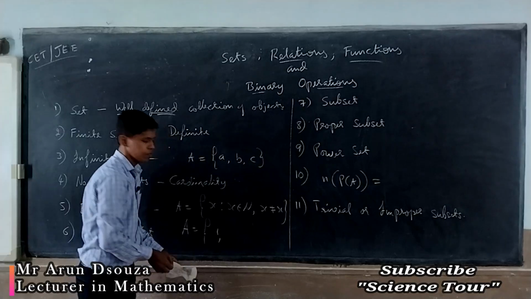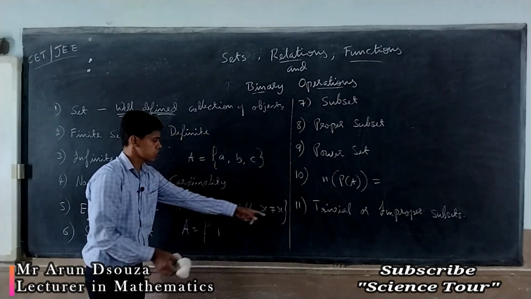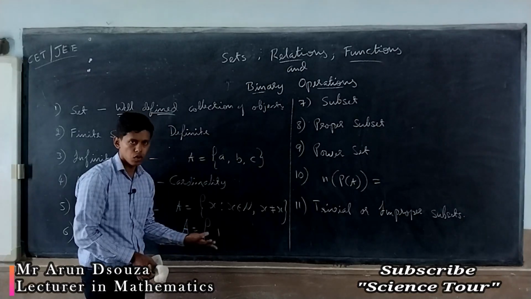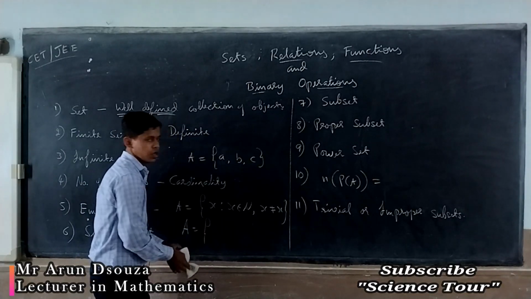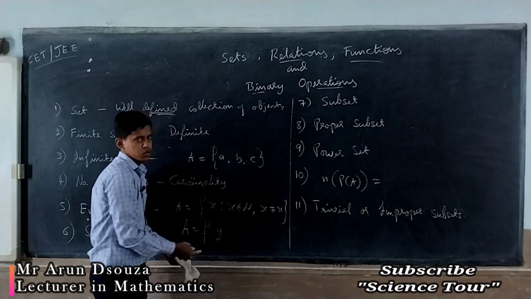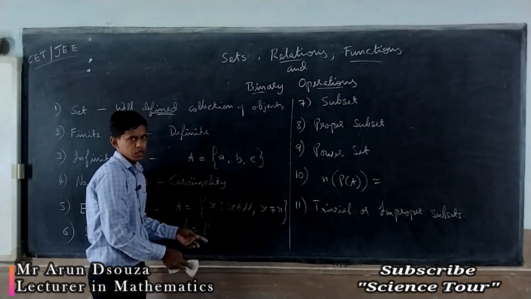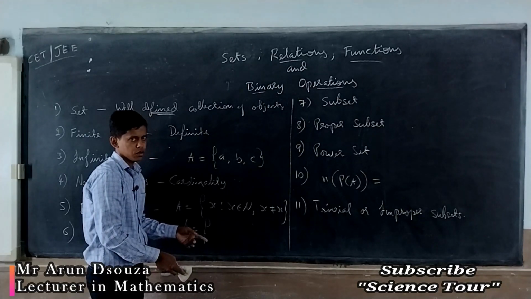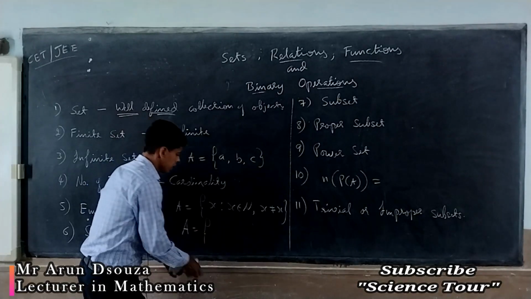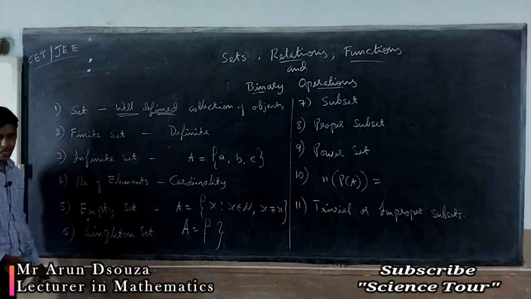Can you write 1? Do you say 1 is not equal to 1? 1 is equal to 1. You cannot write 1. Can you write 2? But 2 is equal to 2. It should not be equal. Therefore 2 cannot be written. 3? No. 4? No. 5? No. Can you write anything? You can't write anything. So this is an empty set.